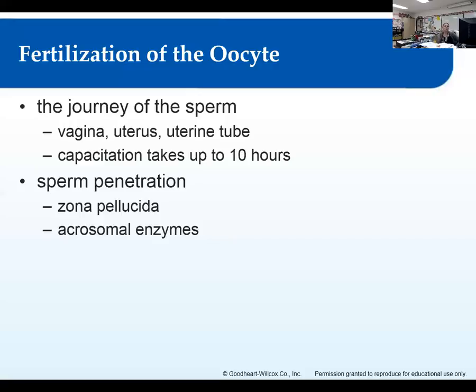And that way no more sperm can get in. And that prevents what's called polyspermy, which is where more than one sperm fertilize an egg. And that would make there be way too many chromosomes, so it wouldn't survive that. That would not be a viable zygote if more than one sperm were to penetrate.